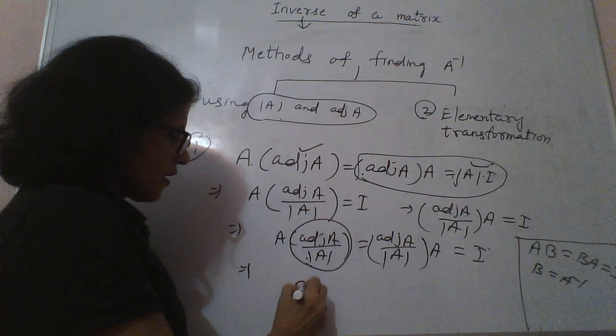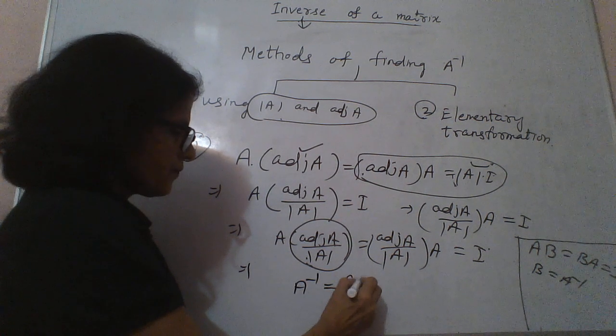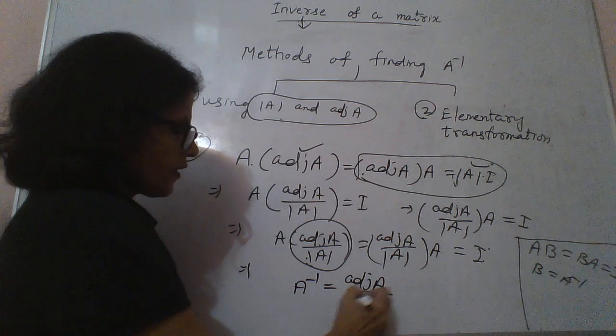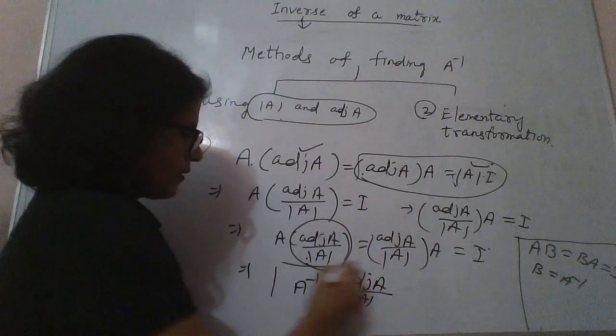So A inverse equals adjoint of A by determinant of A.